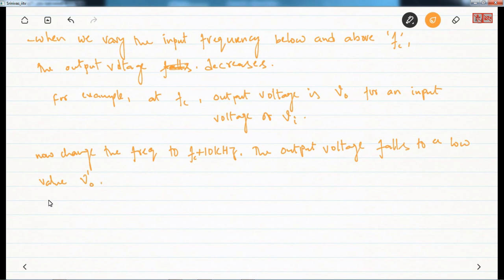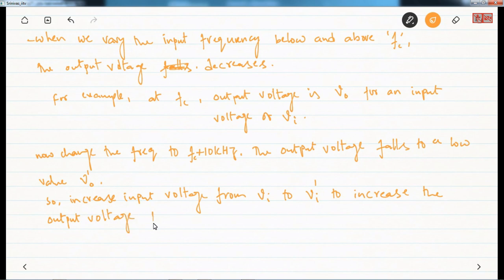Okay, so increase input voltage from Vi to Vi prime to increase the output voltage from V naught prime to V naught.